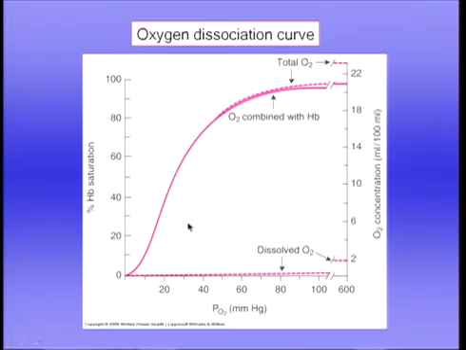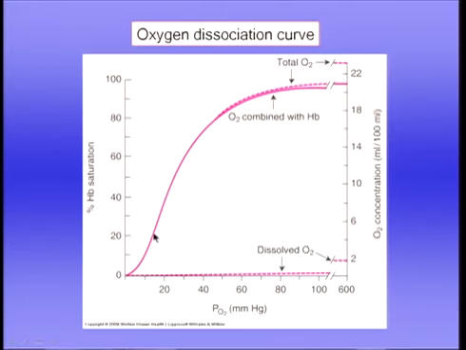And the shape has to do with the change in configuration of the molecule as the oxygen is loaded. It's rather difficult to get the first molecule of oxygen onto the hemoglobin, but once the first one is on, it's easier to oxygenate, and that gives us the curve here.